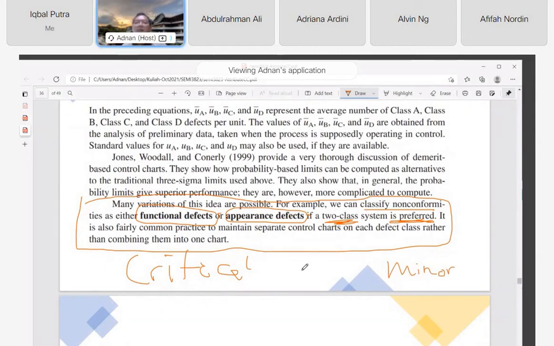Kita letak satu lagi yang mana kita tak sure, it's not minor, it's not critical, but in between. So this could be something moderate lah. Moderate kategori, sederhana. The seriousness is sederhana. Kalau macam tu kita menggunakan sini sebagai A, ini sebagai B, sebagai C lah.